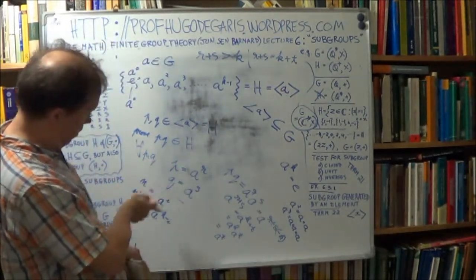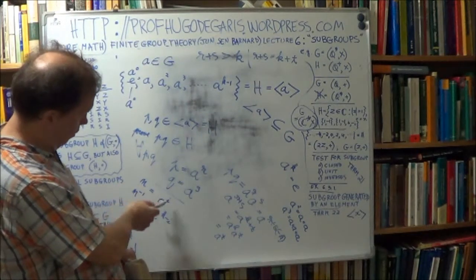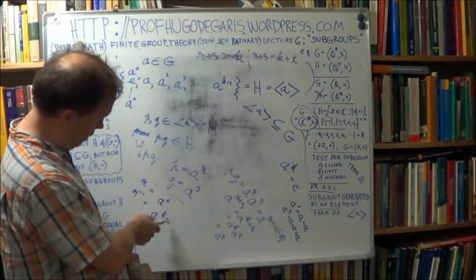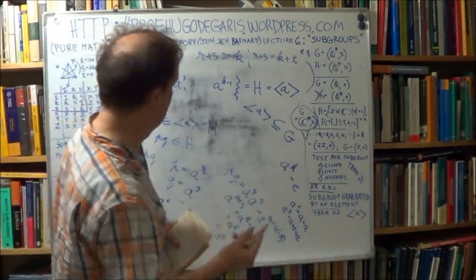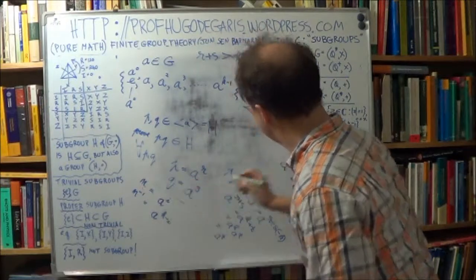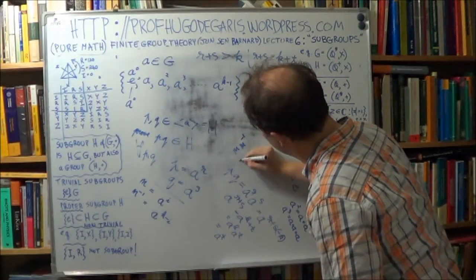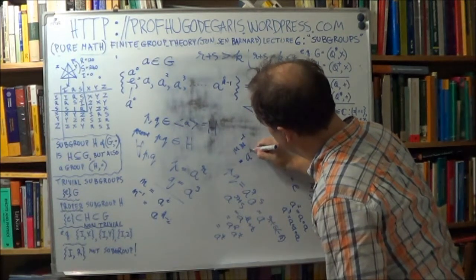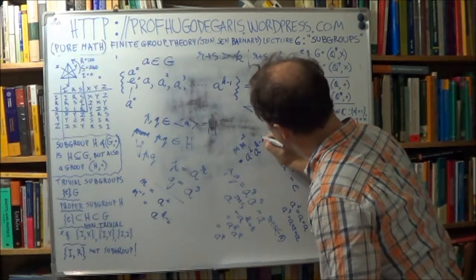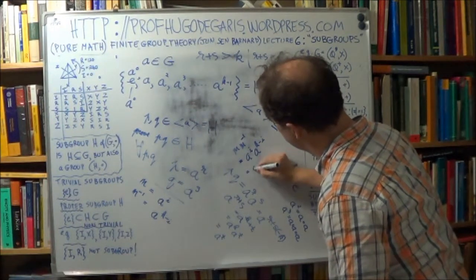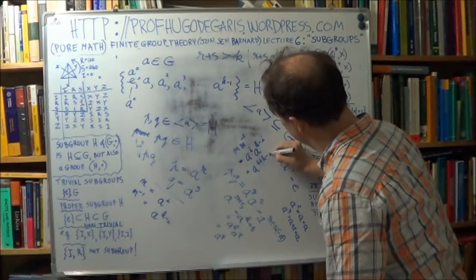I'm just suggesting that the inverse of this, whatever this power is, you subtract that from K. Now multiply these two. So M times its inverse will be A^I times A^(K minus I). Well, that's just A^(I plus K minus I).